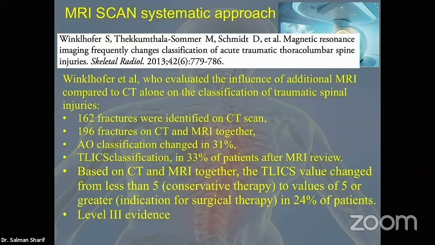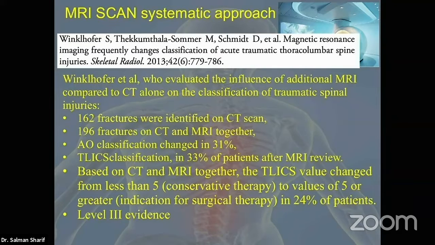Based on CT and MRI, the AO classification changed in 31% of the cases. The TLICS changed in 33%. Based on CT and MRI together, the TLICS score changed from below 5, which suggests conservative therapy, to over 5, which indicates surgical therapy. In 24% of the patients this was the case, and this changed the management strategy.